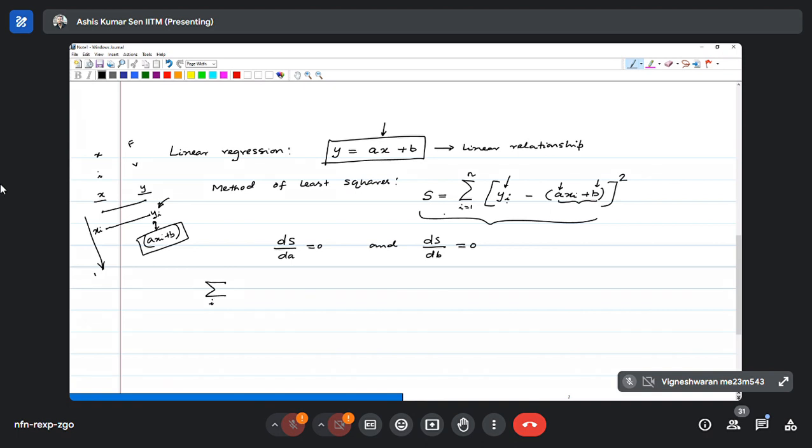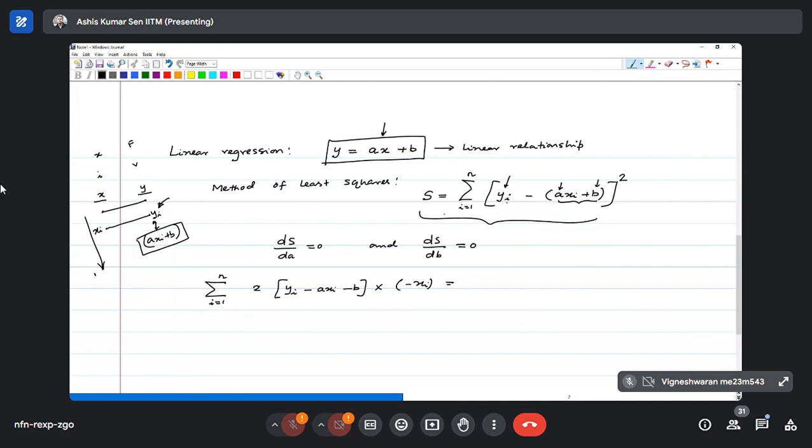So in the first case, when you write ds over da is 0, what will you get? So you have i equal to 1 to n. When you take the derivative of this term, first you will get 2 into yi minus axi minus b, into, so derivative of yi over da is 0 and d of axi over da is basically minus xi, and derivative of b with respect to a is 0.